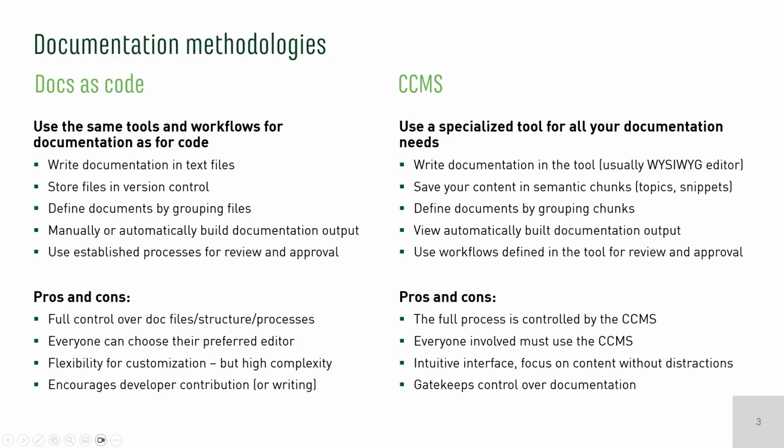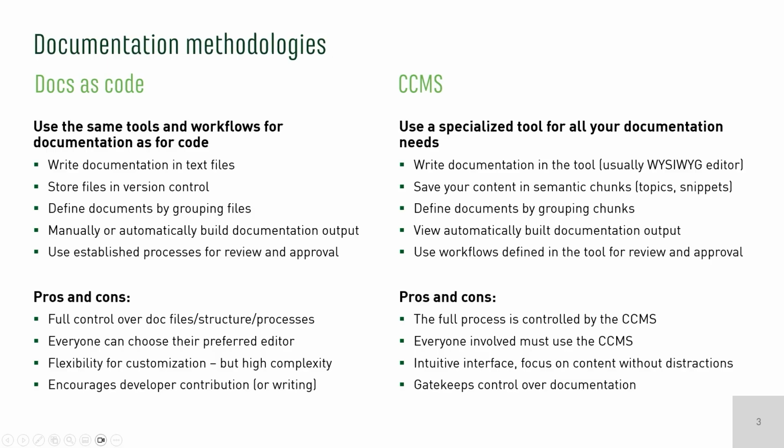So you would basically work with text files that are stored somewhere in a version control system, and you would combine them in some way to form documents, and then you would use the same review processes that you're using for code reviews, or that your development team might be using for code reviews, to work with your documentation as well. And this gives you full control over what you can do in there and a lot of flexibility, because basically if you can program it, you can also do it in your documentation. So you can customize a lot of things there.